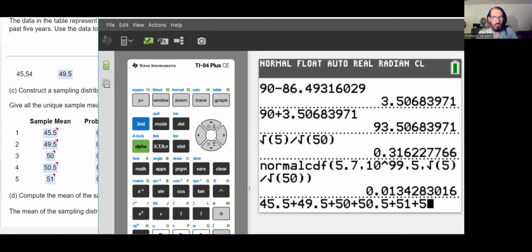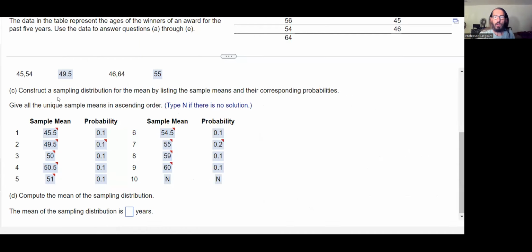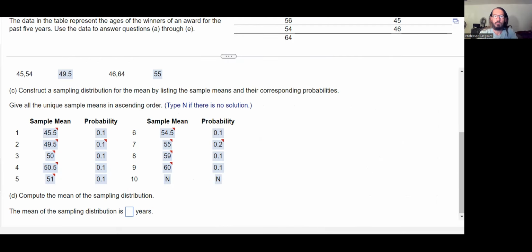And then I'm going to put twice the 55. I could either add 2 copies or just do that multiplication. And then 59 was 0.1. And 60 was 0.1.